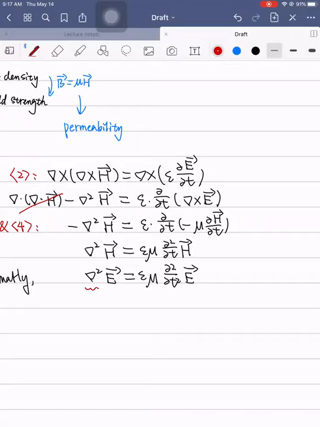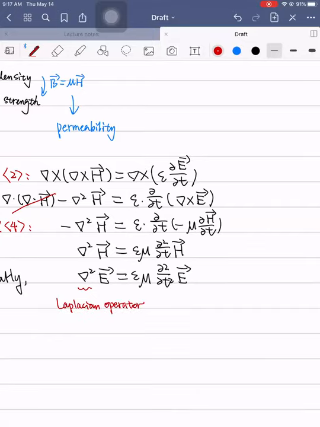This is also called the Laplacian operator. And the right-hand side is a second order time derivative of the E.